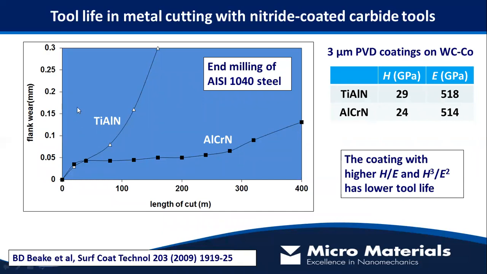And this coating here is harder, and yet actually has a transition to a much faster wear regime, and coating failure really in quite a small amount of cutting. Whereas this coating here is a little bit softer, and yet it's much more damage tolerant. It extends for a lot longer before failing, and indeed you can run the test on longer. So again, it would be difficult to predict this based on mechanical properties.